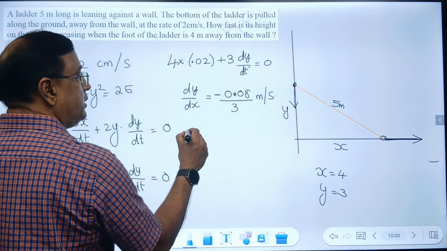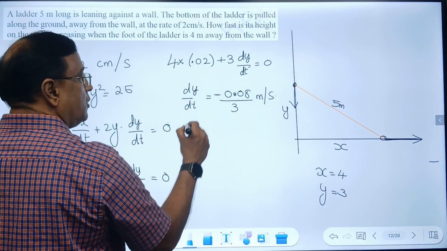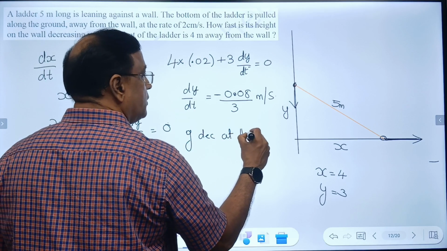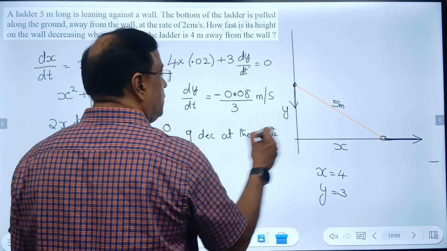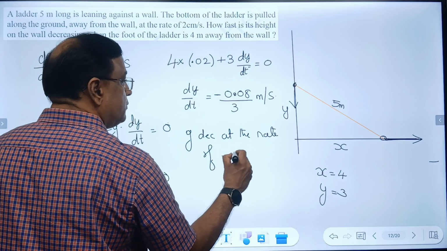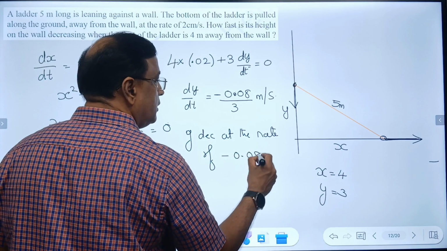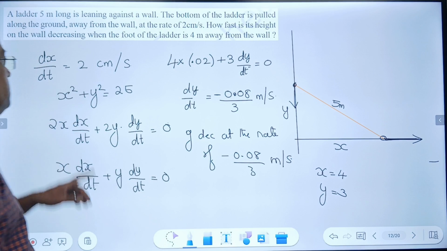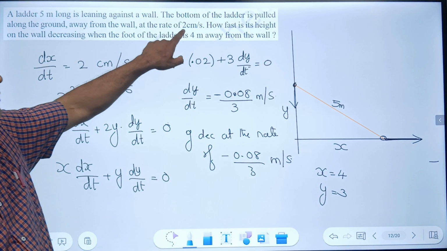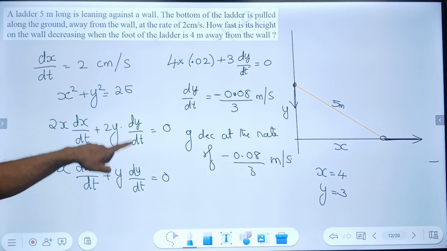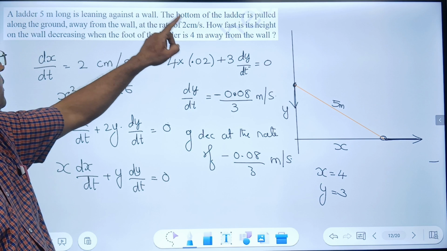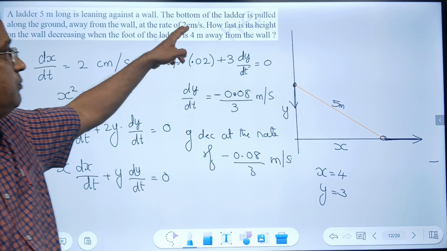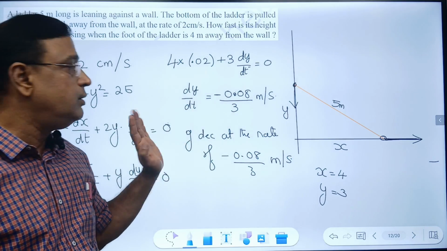So the negative sign indicates that y decreases at the rate of 0.08 by 3 meters per second. Be careful with these units, okay? Since it is given in centimeters, you have to convert it to meters, because every other data is given in terms of meters. Otherwise, if this had been in meters, things would have been much simpler.